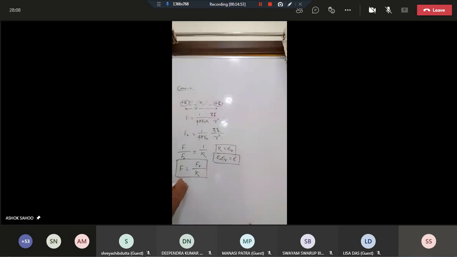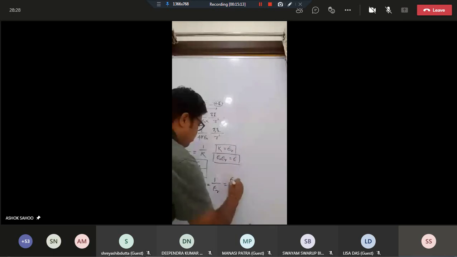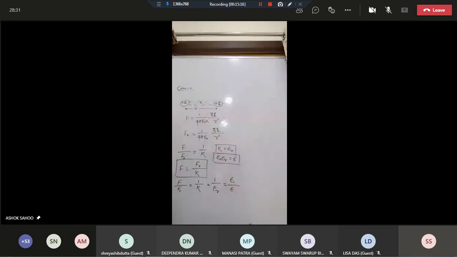So now, medical questions are coming related to this relation. This is our 1 by K. Meaning 1 by relative permittivity, if you put the relative permittivity value here, is 1 by epsilon by epsilon naught, so it is equal to epsilon naught by epsilon. Also correct. Okay.